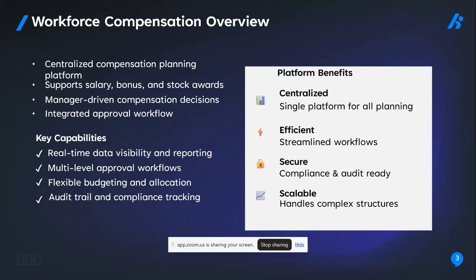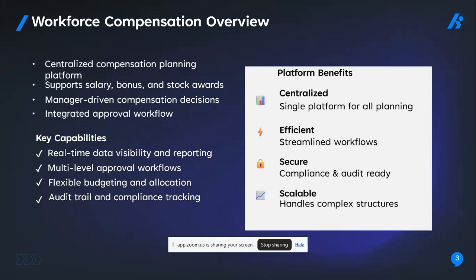What are the key capabilities? First, real-time data visibility and reporting. Managers and HR leaders can see compensation data as it is planned, tracked, and approved. No waiting for reports to be generated. Second, multi-level approval workflow. Whether compensation flows through one level or 10, we can set up approval rules that match our organization structure and policies.